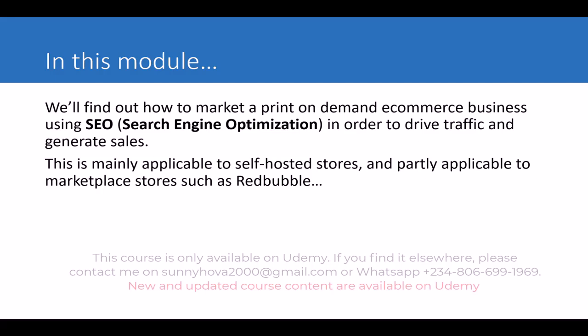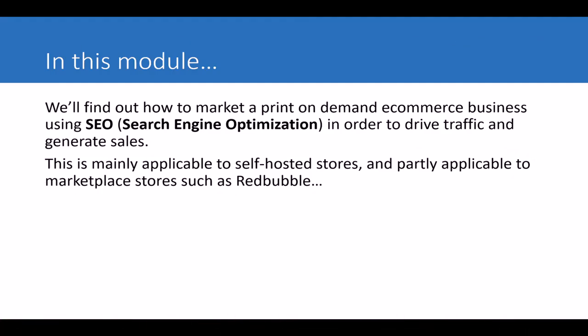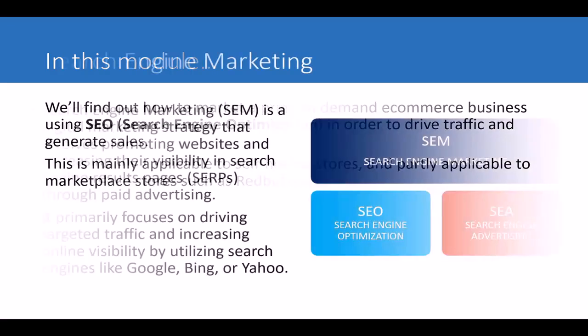Now, this is mainly applicable to self-hosted websites, and partly applicable to Redbubble stores or TeePublic stores, or any of these other marketplaces. So let's see exactly what we are going to look at.